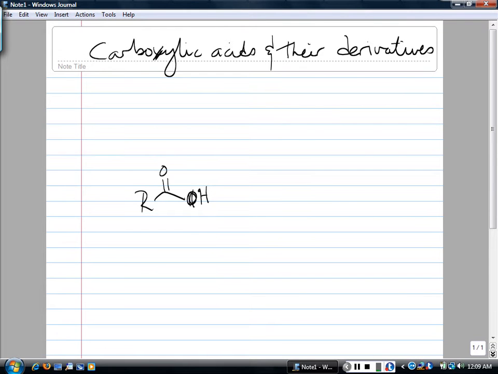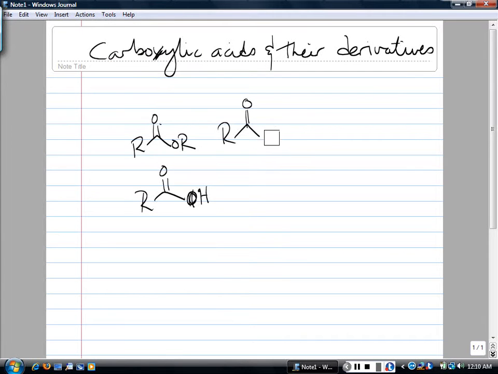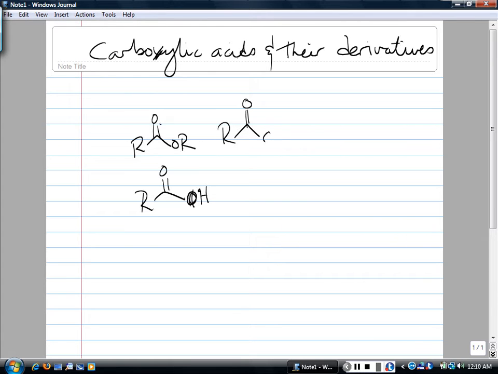And there are several other compounds which are considered to be derivatives of carboxylic acids, and they would include the carboxylic esters, they would include acid halides, and I'll pick, for example, the acid chloride as an example.